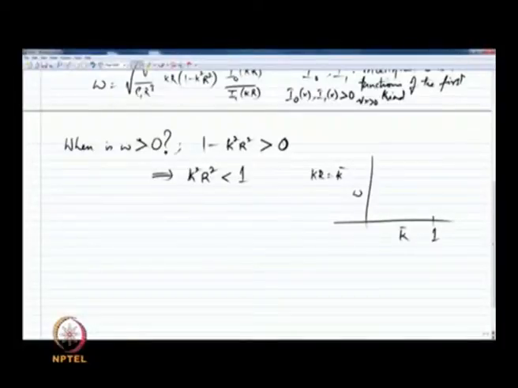Now, if I was to plot the rest of this dispersion diagram, again for all k bar greater than 1, omega is actually negative. And this peak occurs at a value of 0.693.